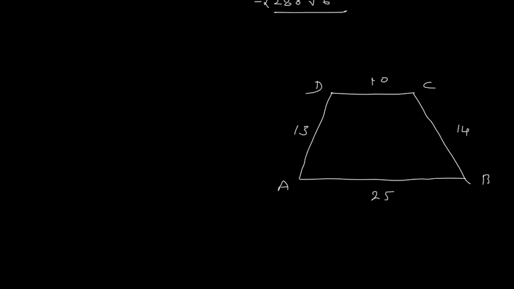If I draw a line parallel to AD, say this point is E, then AECD will become a parallelogram because CD and AE are parallel, and AD and CE are parallel by construction. Now as this is a parallelogram, AE will become 10 and so EB will become 15, and AD is 13, so CE also will become 13.